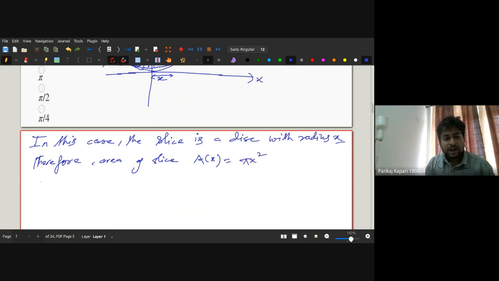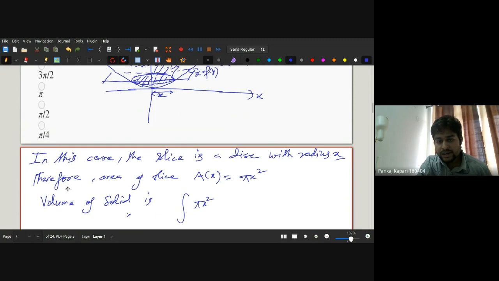Now you know the volume of the solid. So what is the volume? It is the integral: you integrate your area and take the limits.